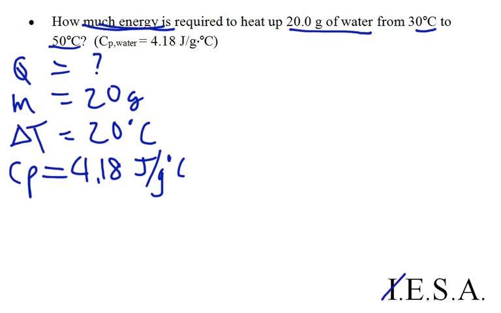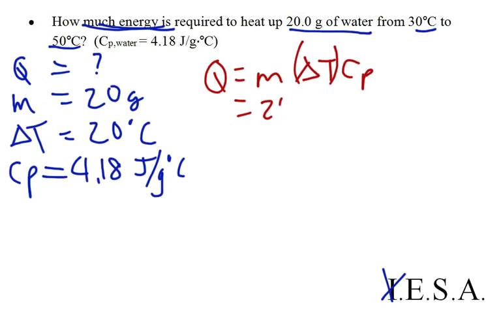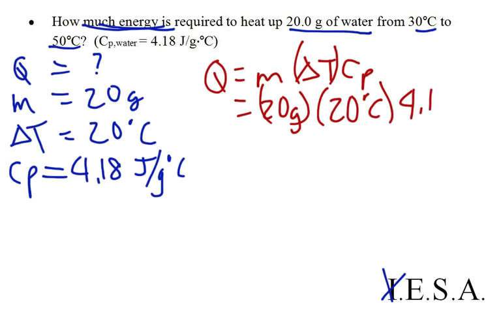So that's our first one. We've just done our I, we got 1 point. Okay, the equation. The equation is Q equals M delta T C sub P, and we're just going to multiply those three values. We know our mass is 20 grams, our change in temperature is 20 degrees, and our C sub P, our heat capacity, is 4.18 joules per gram degree.